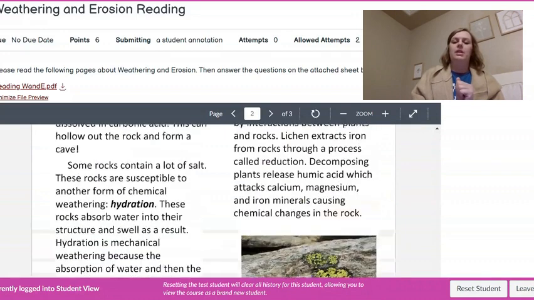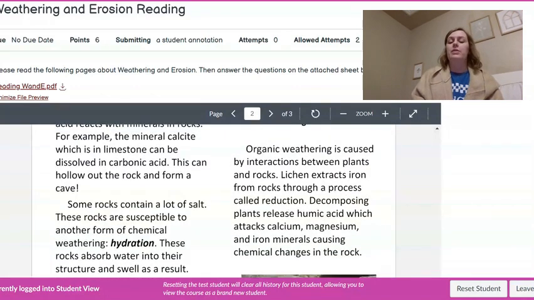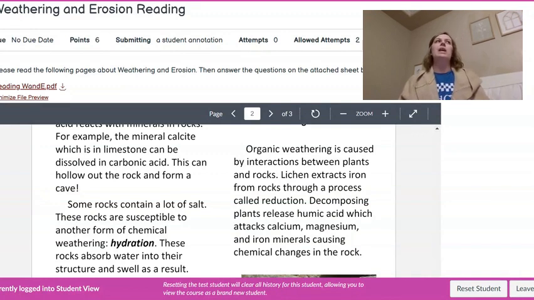And then up here, right here, organic weathering. So that's another type of chemical weathering. Organic weathering is caused by interactions between plants and rocks. Now, whenever you see the word organic, I know we're used to hearing the word organic when we're talking about food.